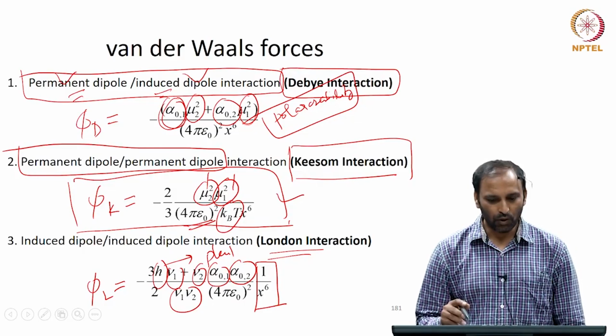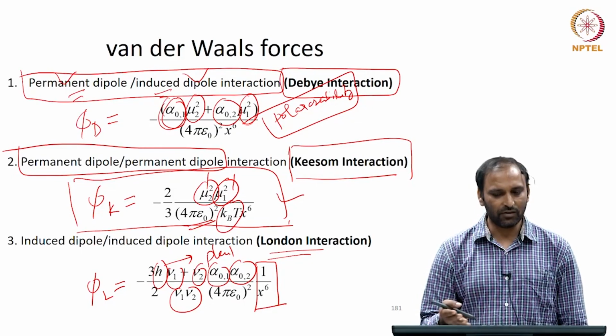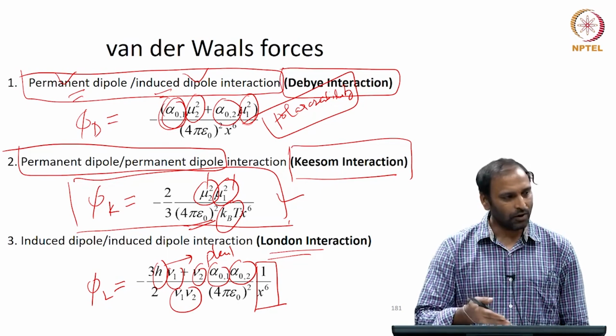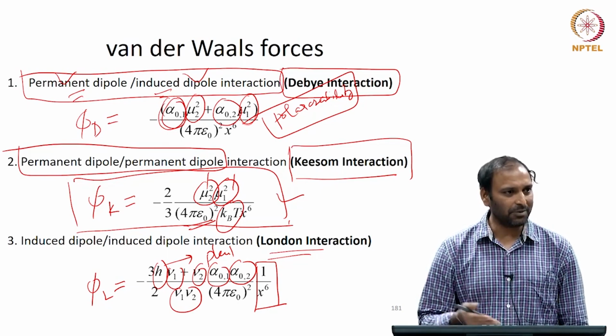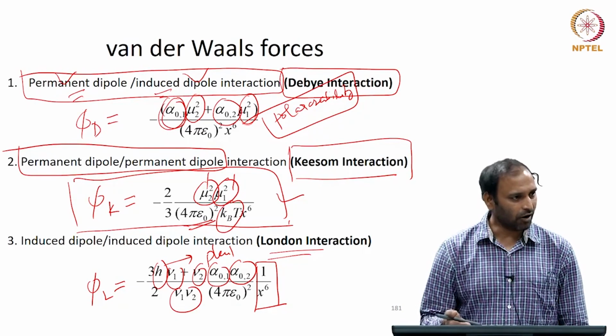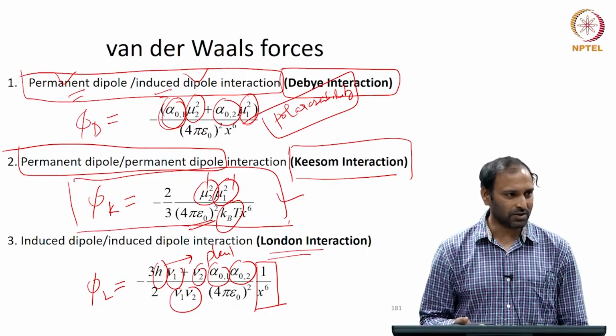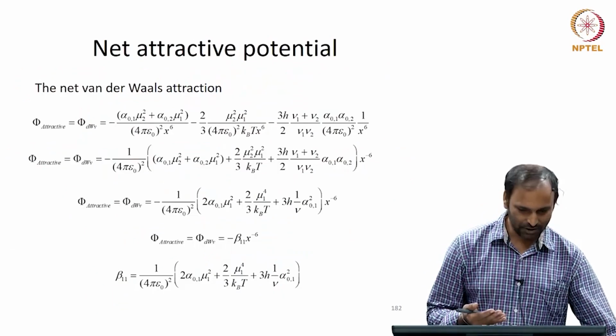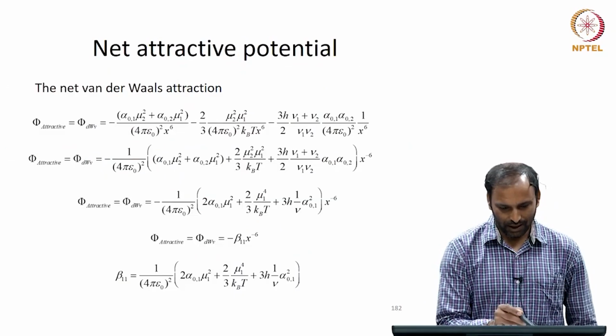For a given atom or molecule, if you know all these parameters, I can plug in all of them and estimate the van der Waals force of interaction. We have done that.